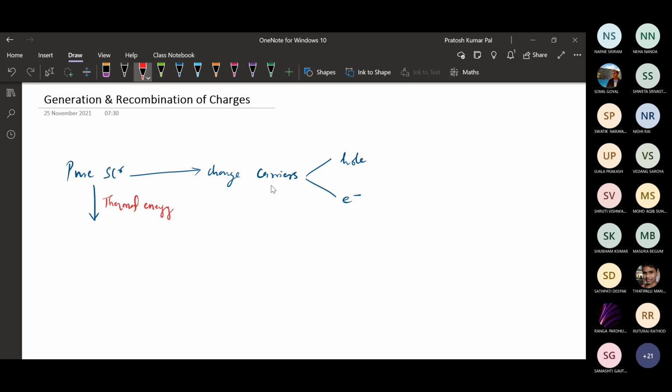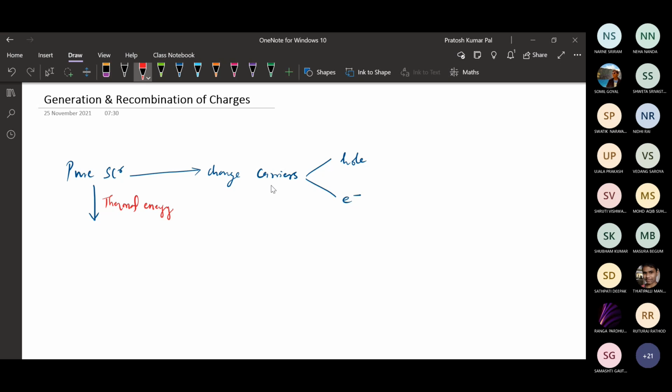That light will just be working as a thermal energy or thermal agitation provided to this pure semiconductor. So once we are providing this thermal agitation, what will be taking place is the generation of electron and hole pair.